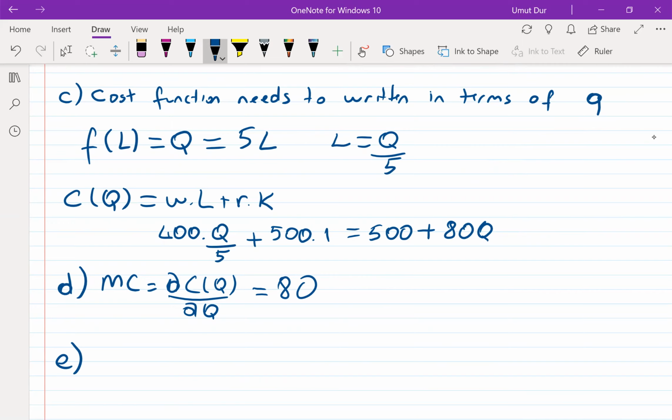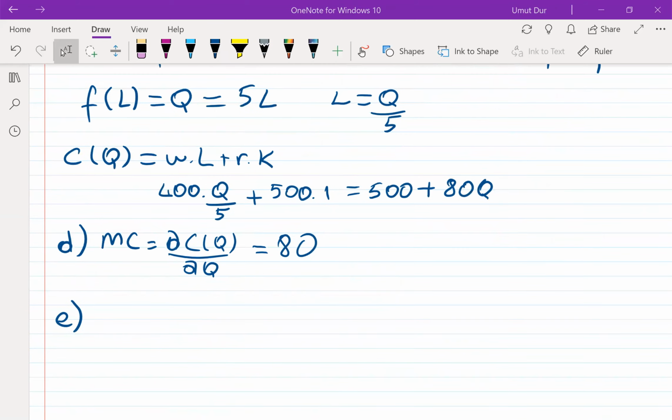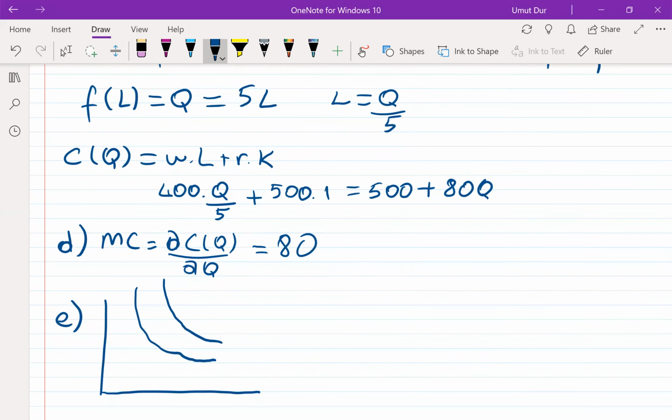So what we need to do here is the following. We have isoquants here, which are smooth shaped, and we also have the isocosts.